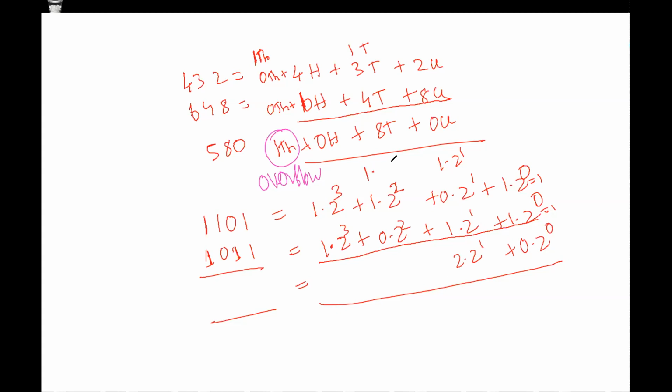So we put this 1 2 square here, and we make this into 0 2 power 1s. And then we have 1 2 square and 1 2 square. When we add them together, we have 2 2 squares. But this is nothing but 2 cube. So we'll put 1 2 cube here, and this will become equal to 0.